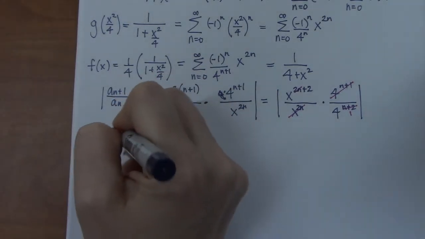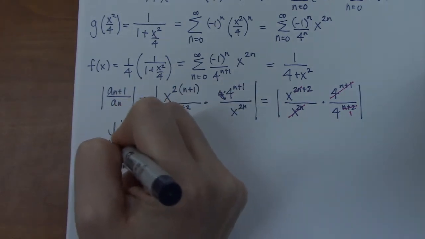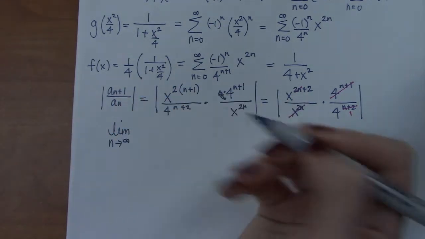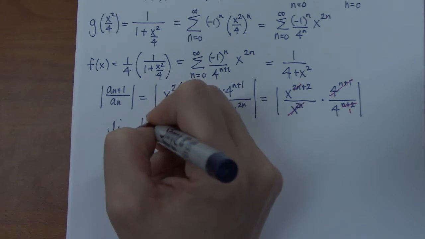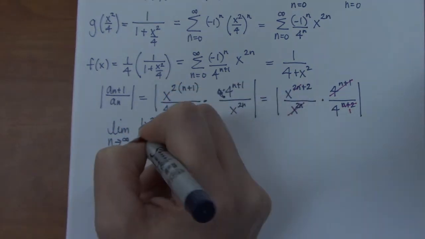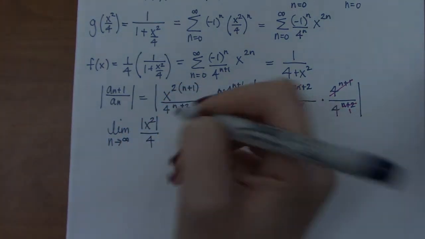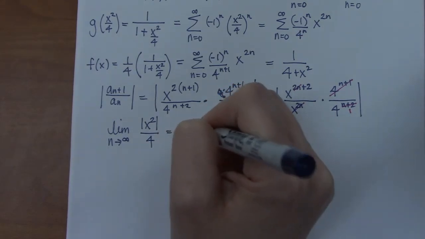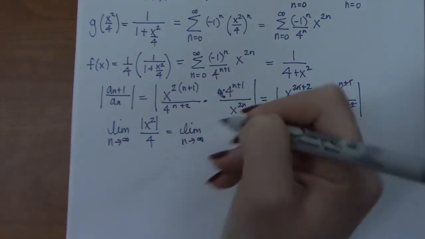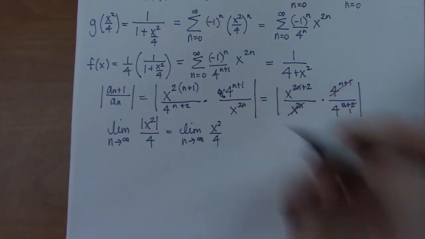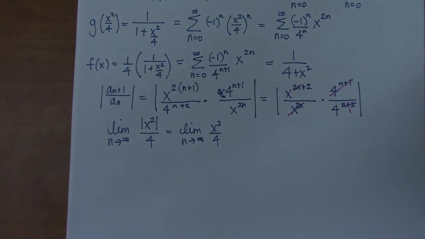So what I need to take the limit of is the absolute value of x squared over 4. Technically, since x squared will always be positive, I can drop the absolute value and say, well, I just need to take the limit of this.